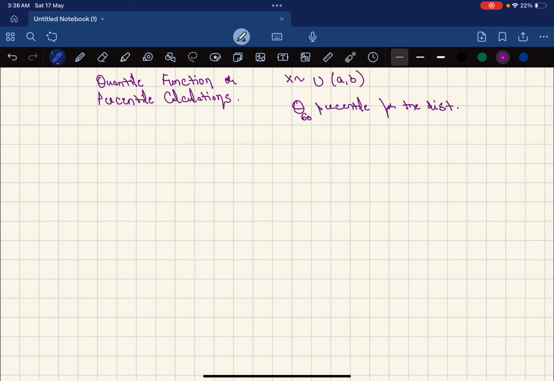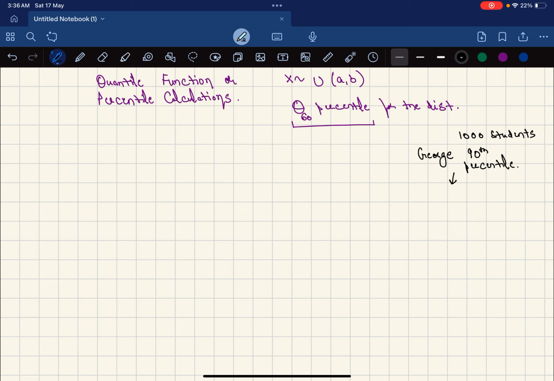So what do we mean by the 60th percentile? Let us look at an example. Let's say there are 1,000 students who took an exam, and there's a person called George who got the 90th percentile in the exam.